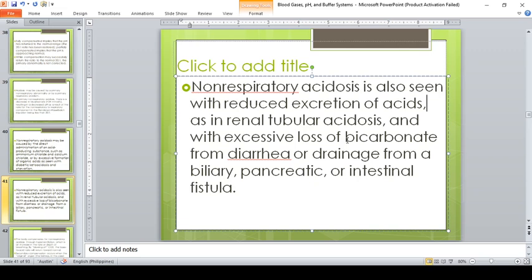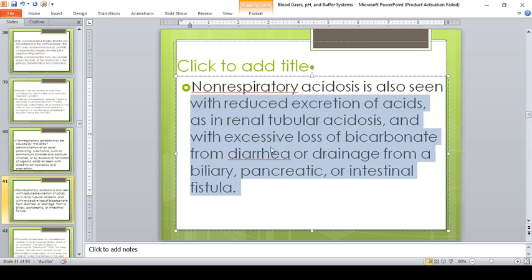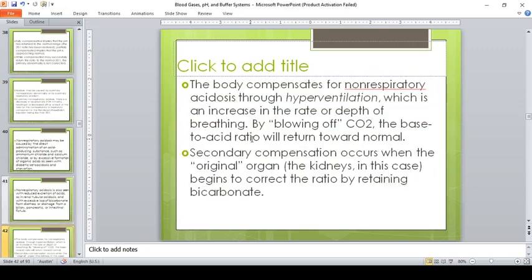Maraming natanggal na base, maraming naiwan na acid, acidosis yung mangyayari. Okay, with excessive loss of bicarbonate from diarrhea or drainage from a biliary, pancreatic, or intestinal fistula. So, these cases would result to non-respiratory acidosis or metabolic acidosis.